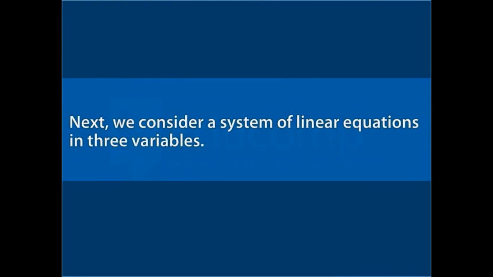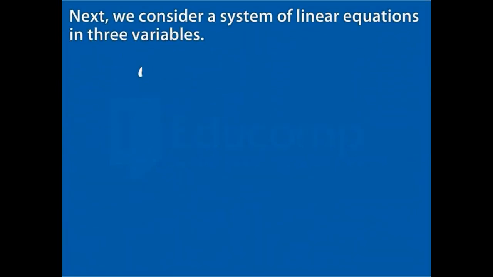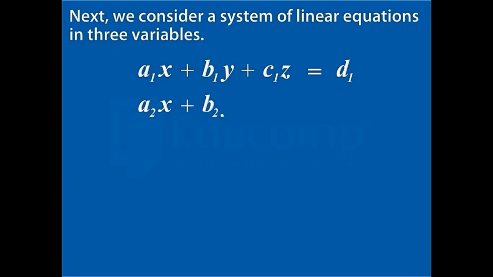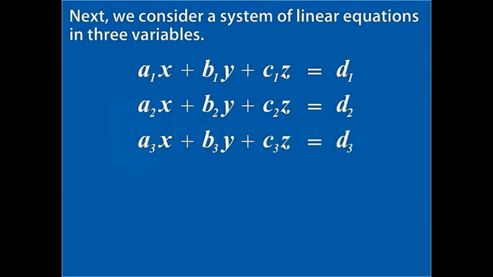Next, we will consider a system of linear equations in three variables. They are of the type a1x plus b1y plus c1z equals d1, a2x plus b2y plus c2z equals d2, and a3x plus b3y plus c3z equals d3.